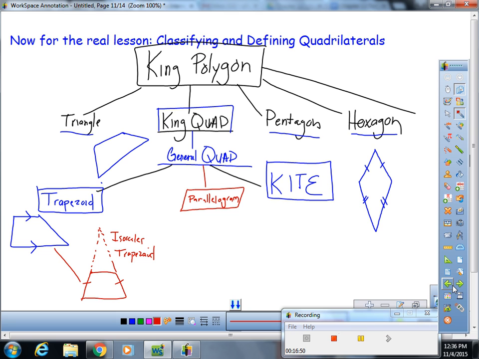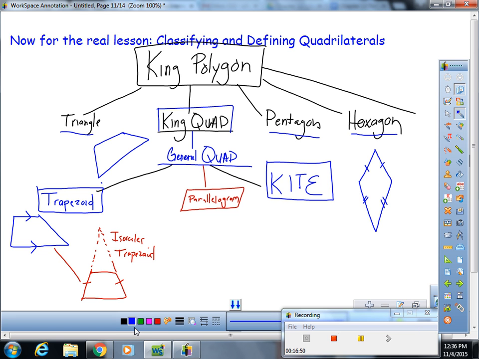But parallelogram was like, Dad, there's something I need to tell you. I am pregnant. And General Quad was so happy. He was like, oh my goodness, I'm going to be a grandfather, but not of Isosceles Trapezoid. My daughter, Parallelogram, is going to have kids. A kid or kids? And Parallelogram was like, I'm pregnant with twins.